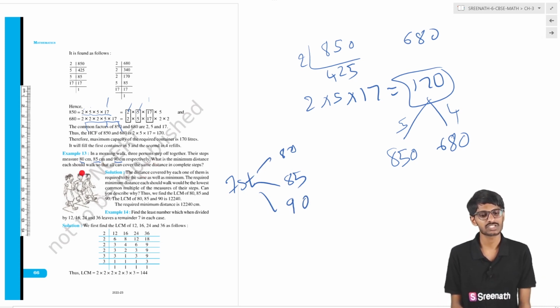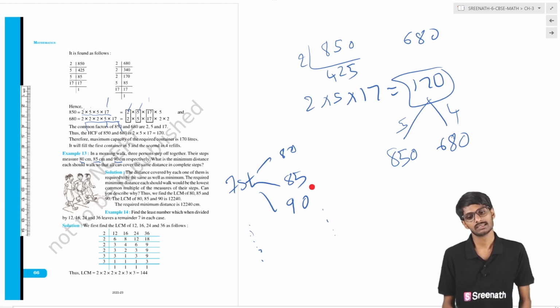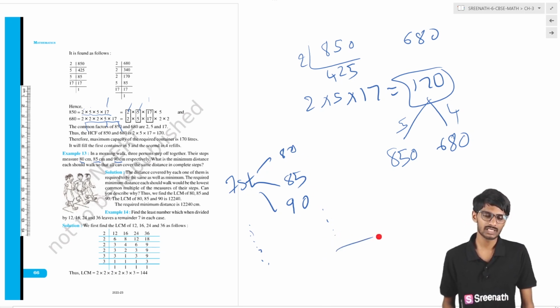What is the minimum distance each should walk? They have to do some steps, and after that they will cover some distance. What is the condition here? So that all can cover the same distance.